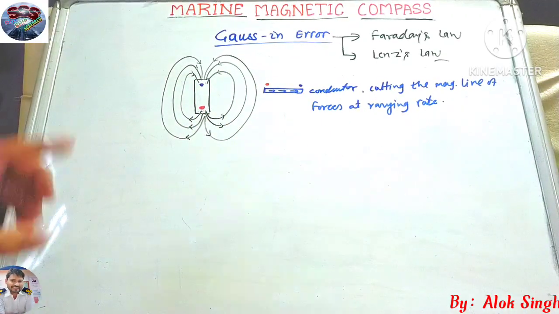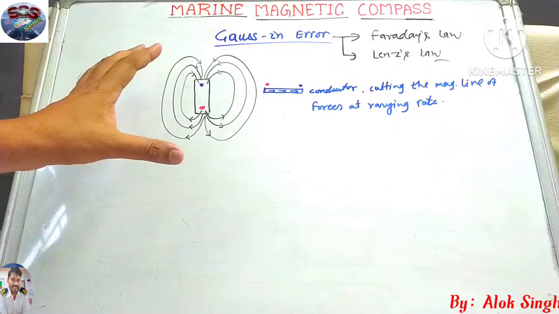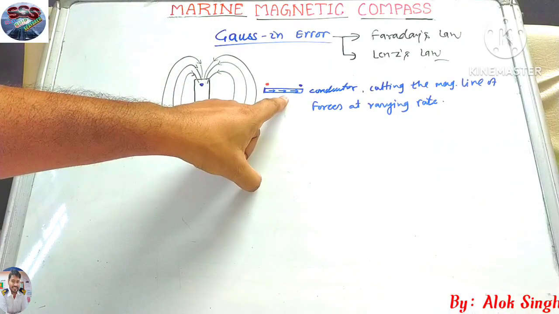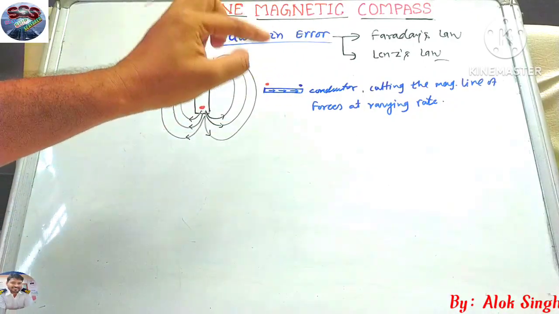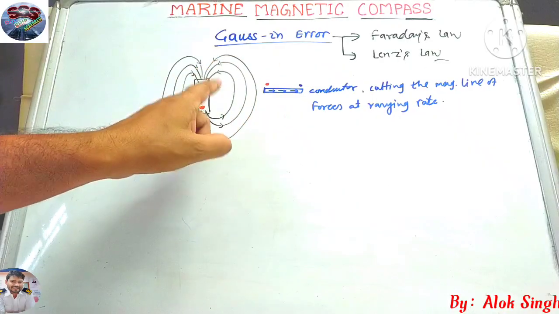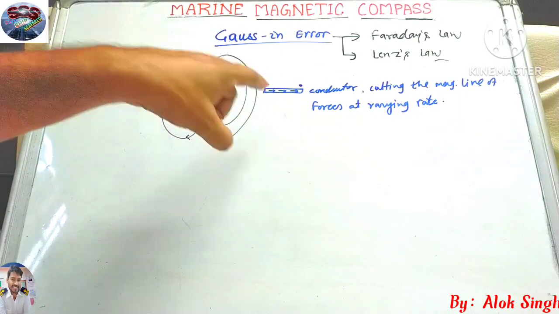So that is what we have written in our definition. According to Faraday's law, the current is induced in this conductor, and according to Lenz's law, that current also creates a magnetic field in the conductor, opposite to the cause which induced it, meaning the magnetic field which created the current.